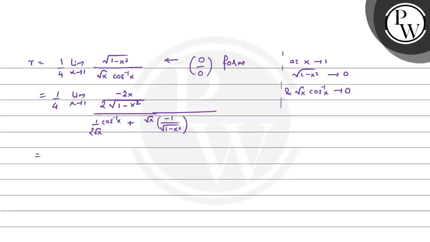Further we have 1 by 4 times limit x tends to 1.